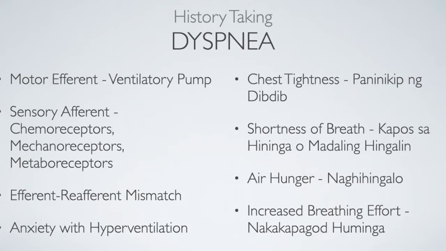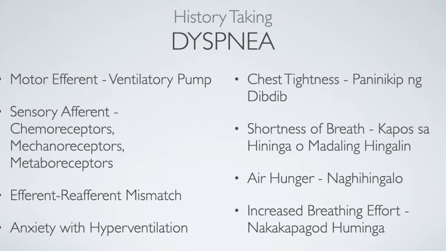So chest tightness, paninikip ng dibdib, going back to the first one, is more associated with cardiac origins of difficulty breathing. Shortness of breath, now that one can be more specific for the ventilatory pump, for the lungs and for the bony rib cage. Air hunger is more indicative of dyspnea coming from receptors in the brain or in the major blood vessels.